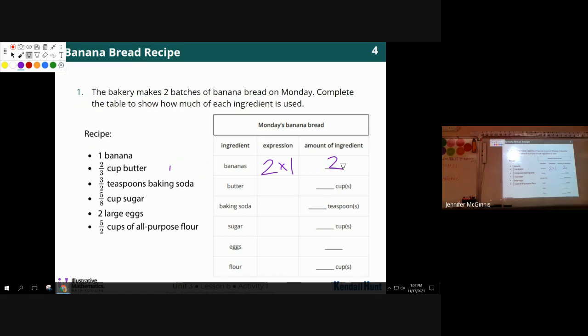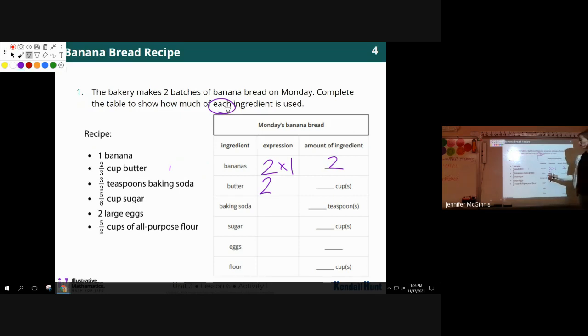Now, what about the butter? How many batches are we making? 2 batches. When we see this word each, it's right there in the table, each ingredient. When we see this word each, we know that means what?